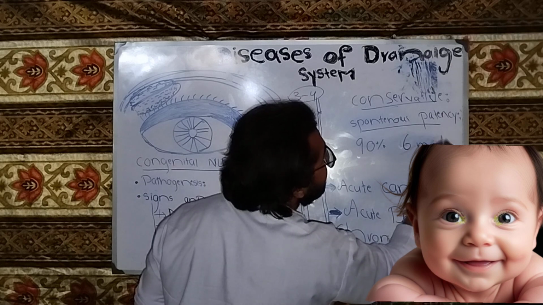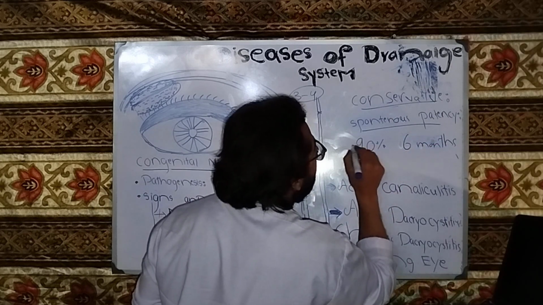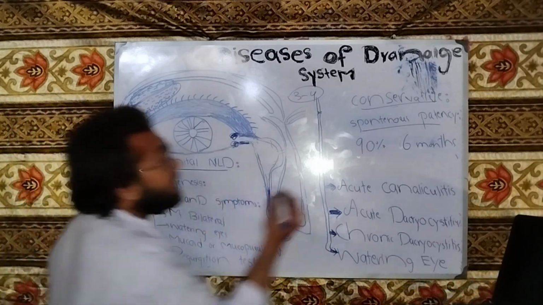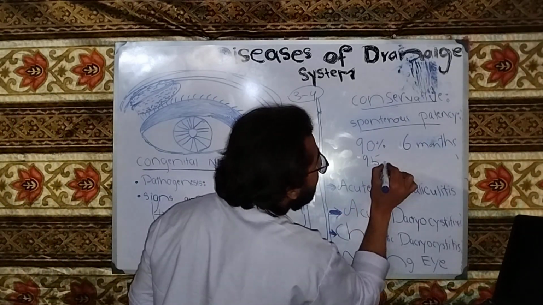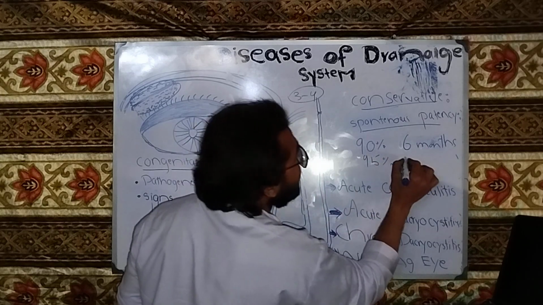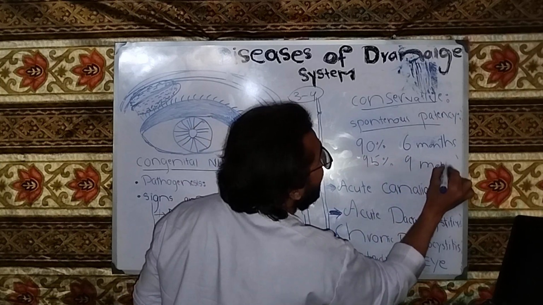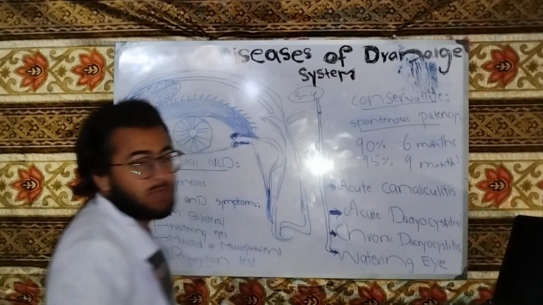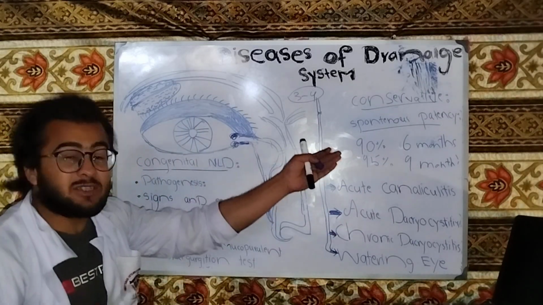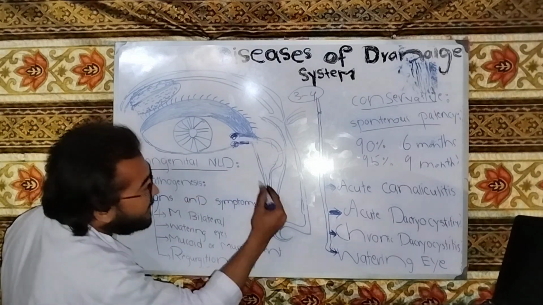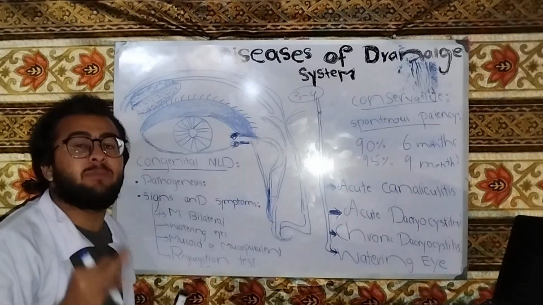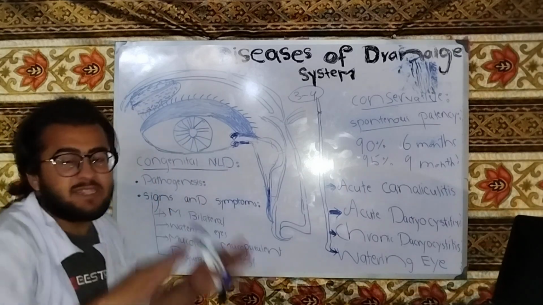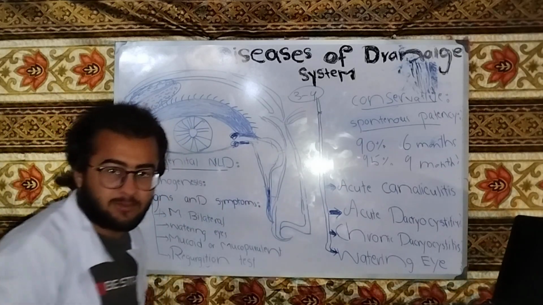In 6 months, spontaneous patency develops in this congenital NLD, and in 95% of children this patency develops in 9 months. So we should delay any surgical procedure by 6 to 9 months, because in these children the non-canalized membrane becomes canalized in 6 to 9 months.